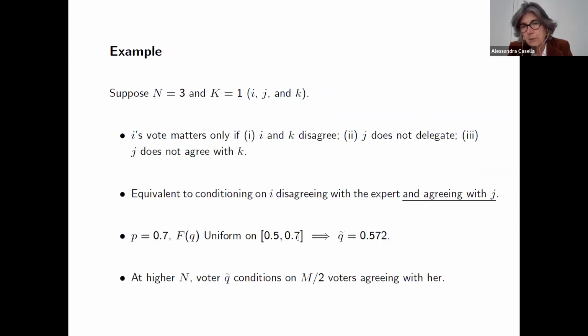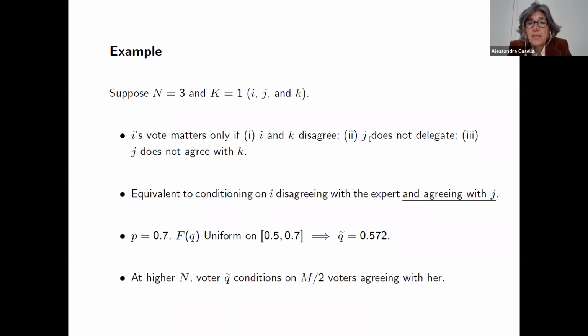How does it happen? This is the example. Consider I is a non-expert, and I has to decide whether to delegate or not. I's decision will matter only if I disagrees with the expert, because if I agrees with the expert, of course, it doesn't matter.